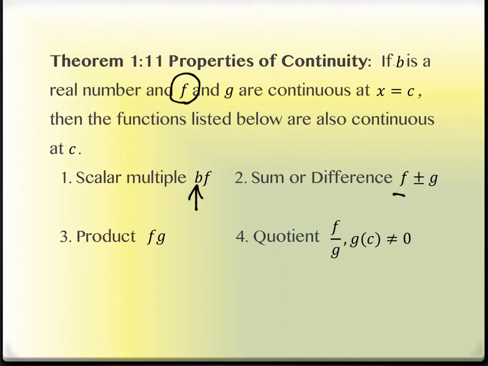If I add and subtract two continuous functions, they're still continuous. If I multiply two continuous functions, they're still continuous. And if I divide two continuous functions, they're still continuous. The only caveat on the division one, of course, is, once more, we can't have the denominator equal to 0.